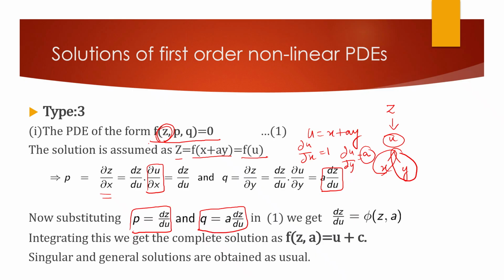From this we get dz by du as a function of z comma a. Now integrating with respect to the variable on either side, we get the complete solution as f of z comma a is equal to u plus c, where finally u can be replaced by x plus ay. This is the form of the complete solution, and the singular and general solutions are obtained as usual.